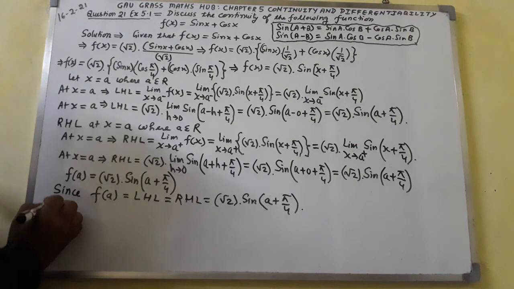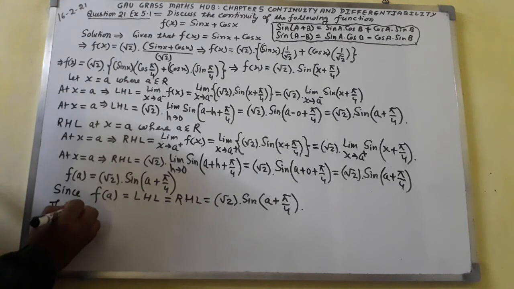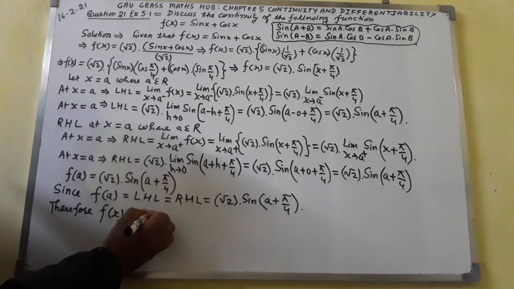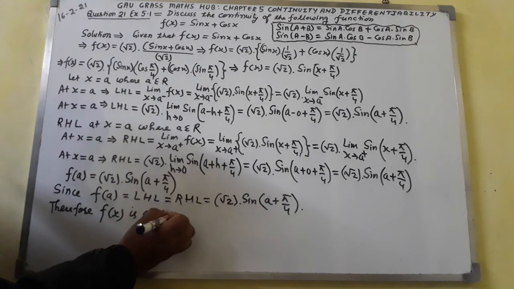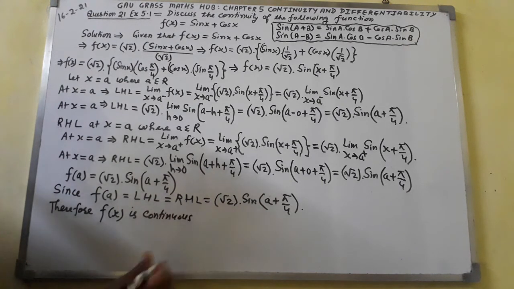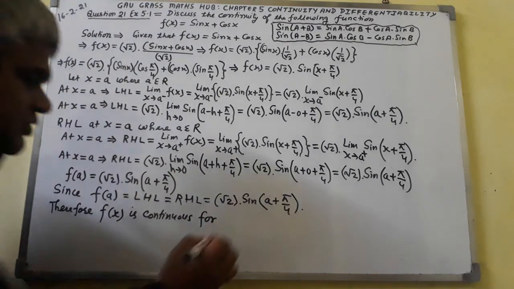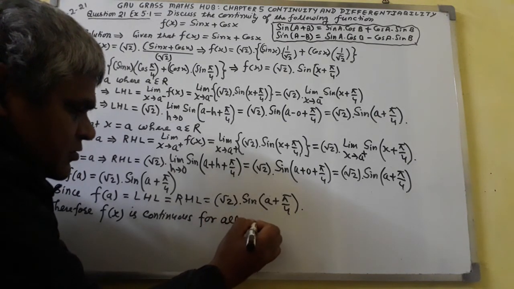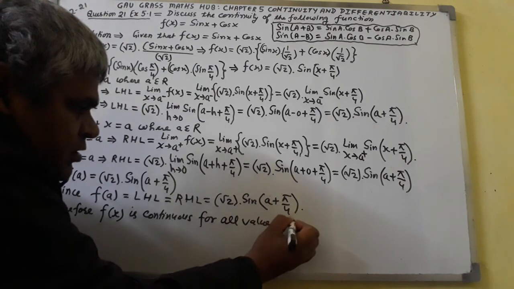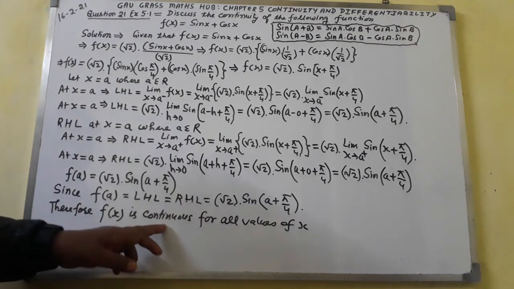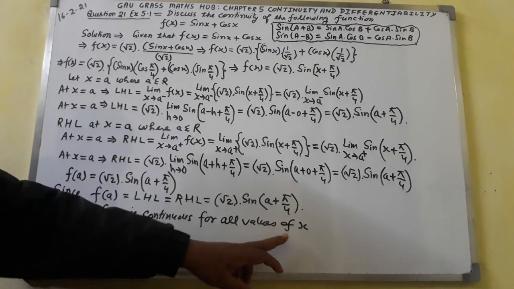Hence, therefore, f of x is continuous for all values of x. Therefore, f of x is continuous for all values of x.